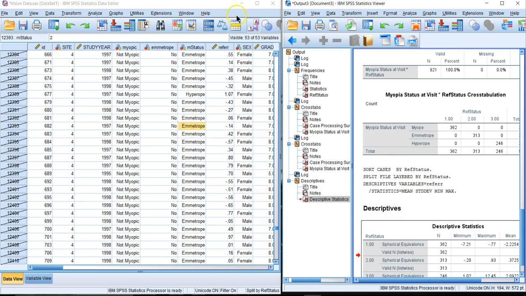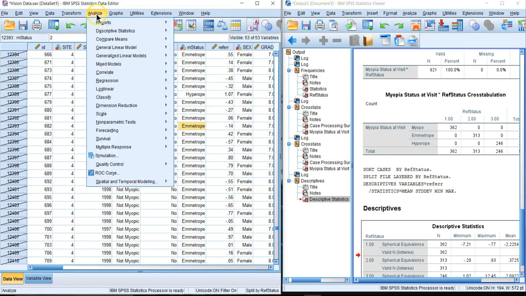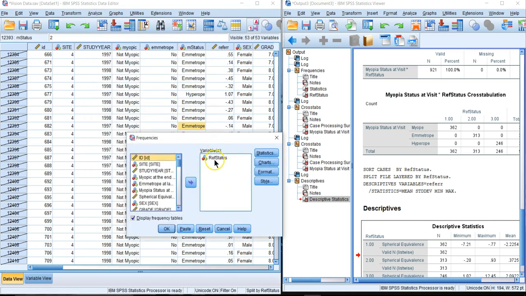Alright, so let's first start by, and notice regardless of whether you're in the database or the output screen, you can get to analyze. So it doesn't matter really where you start it up. But let's look at descriptives, frequencies.